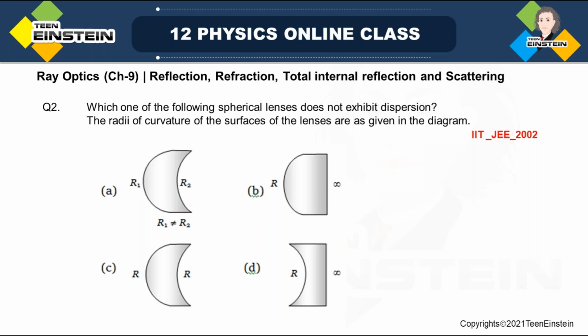To solve this problem, you have to be very judicious, and you have to have some idea about dispersion at the spherical surface. So now we'll analyze which of the following spherical lenses does not exhibit dispersion. That is the question.